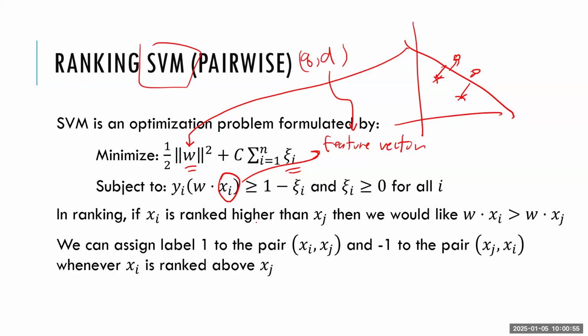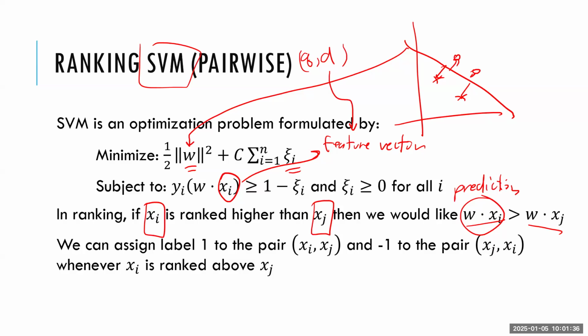And in ranking SVM, we're going to say that if xi is ranked higher than xj, then we want wxi to be greater than wxj. So basically, this one is the prediction. You want the prediction value of i to be greater than the prediction of j. That is what it means to be ranked higher.